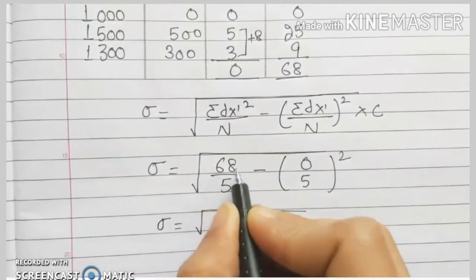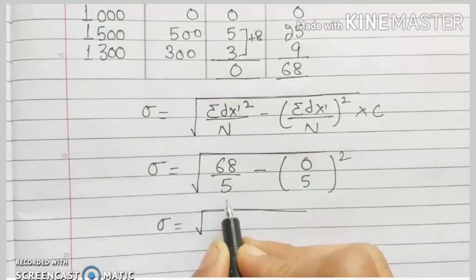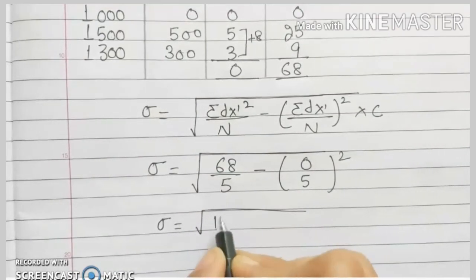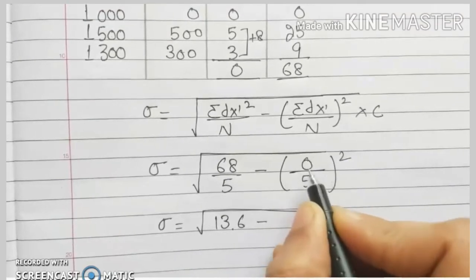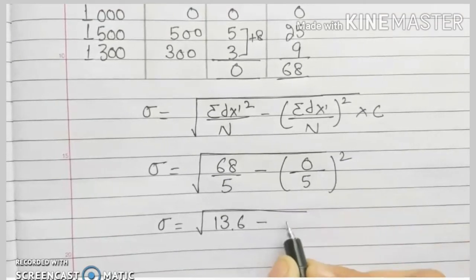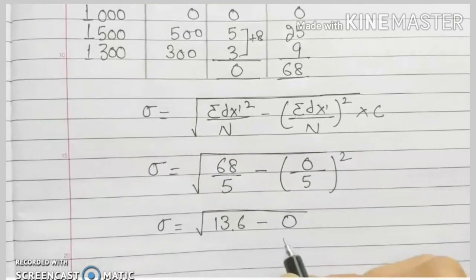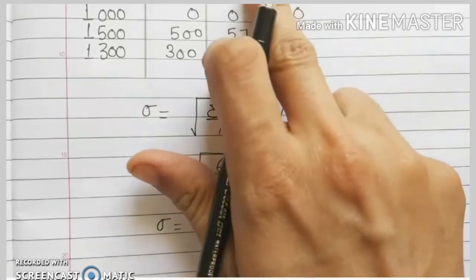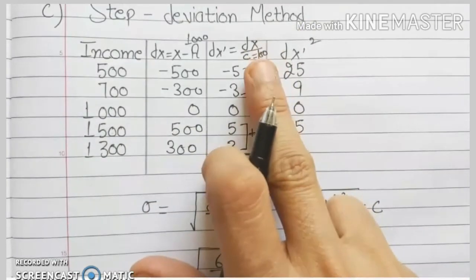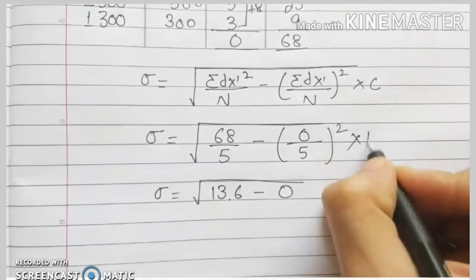So 68 by 5 you have to solve. So it will be 13.6 minus 0. 0 is the value being subtracted. Then you have to multiply by c also, that we had left. So into 100 has to be put everywhere.